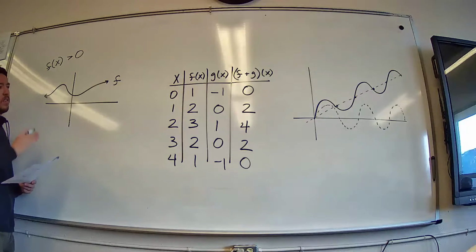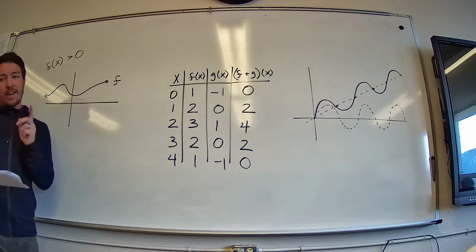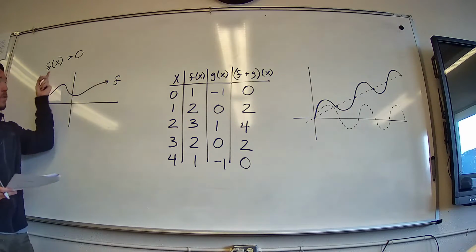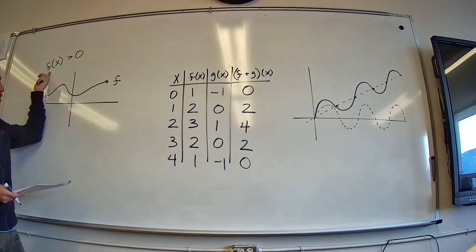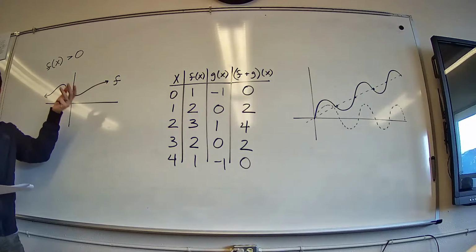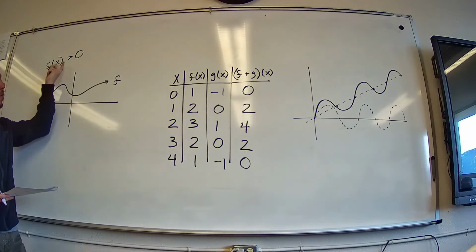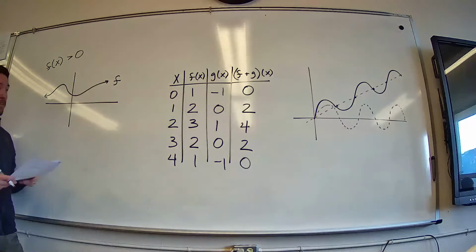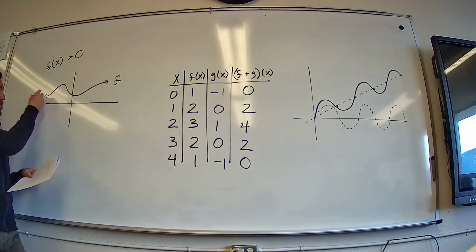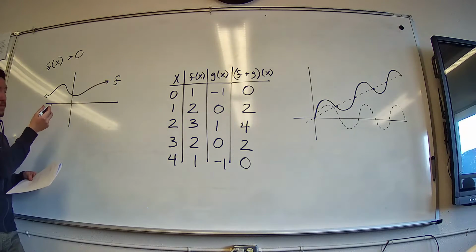Don't confuse this with saying that X is always positive. Remember, F of X means the output of F. So if the Y values are always positive, that works, as long as there's no funny business of it going down here.